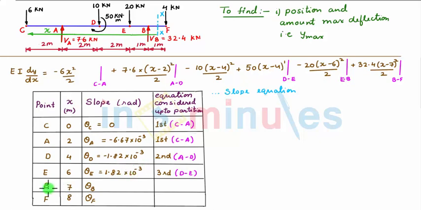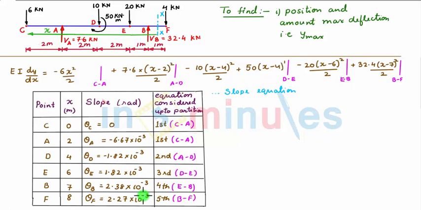Now putting the value of x equal to 7 meters for point B and considering the slope equation up to fourth partition, which is valid between point E and B, we get the value of theta B equal to 2.38 into 10 to the power minus 3 radians. For point F, putting the value of x equal to 8 meters in this slope equation and considering the equation up to fifth partition, which is valid between point B and F, we get the value of theta F equal to 2.27 into 10 to the power minus 3 radians.